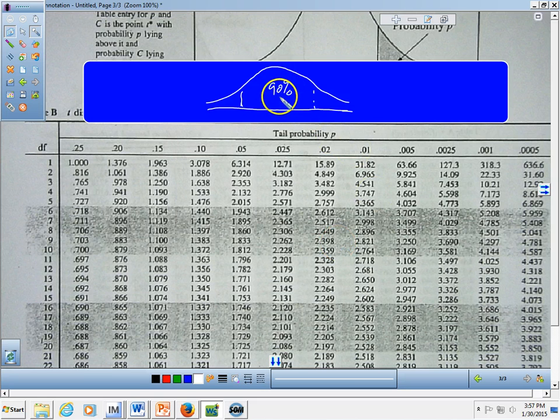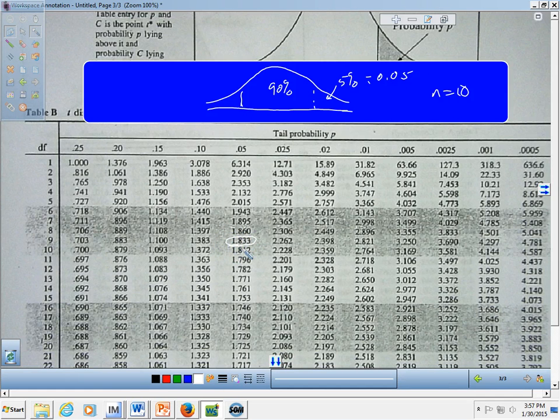Well, this is still a symmetric curve. So if 90% is in the middle, that means you've got 10% on the outside in both tails, so the upper tail area is going to be 5%, or 0.05. Now our sample size was 10, so when we cross-reference our degrees of freedom with our upper tail probability, we go to 9, and we move over and find 0.05 in our table, which is right here.